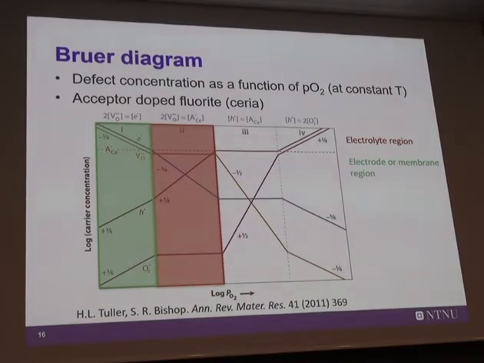In this case, you have both transport of electrons and oxygen vacancies. So this can actually work as an oxygen pump, in a way that if you have a high PO2 on one side and a low PO2 on the other side, oxygen will actually go through the lattice. And you can, for example, separate oxygen from nitrogen in the air. And this is also a proven technology, an oxygen-permeable membrane.